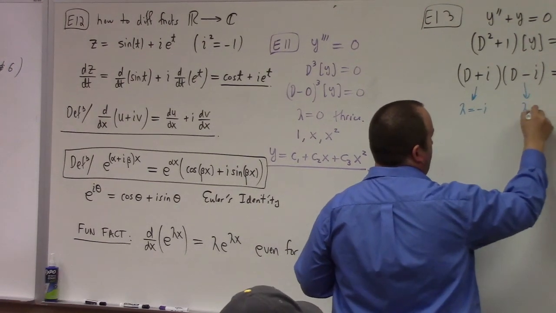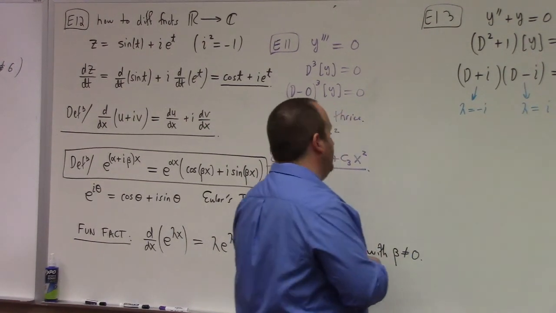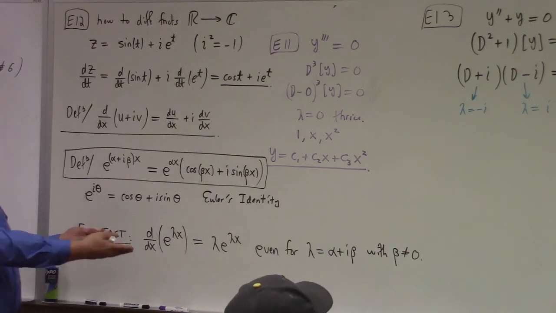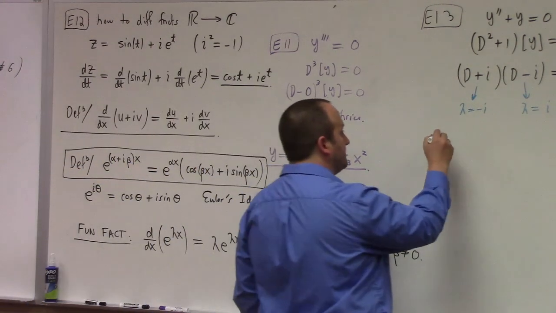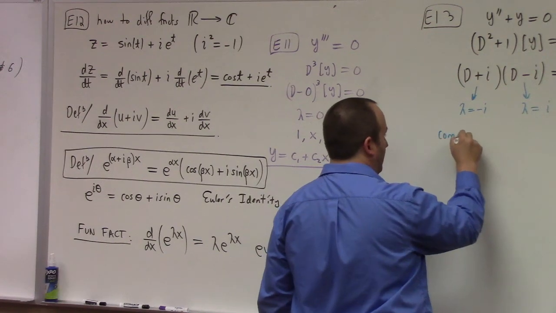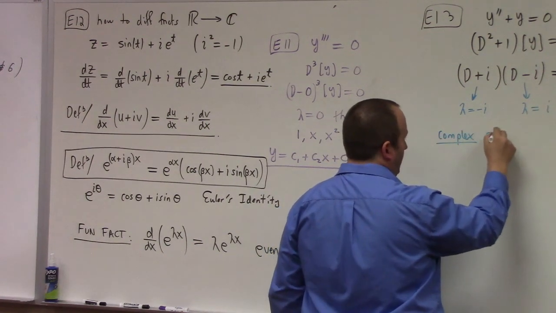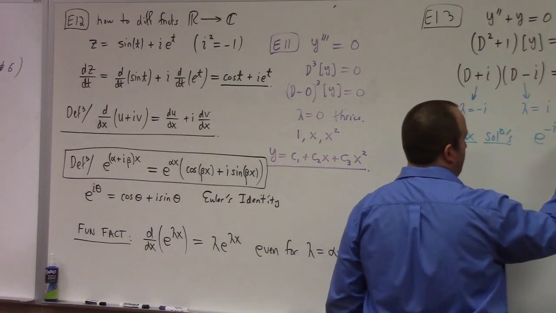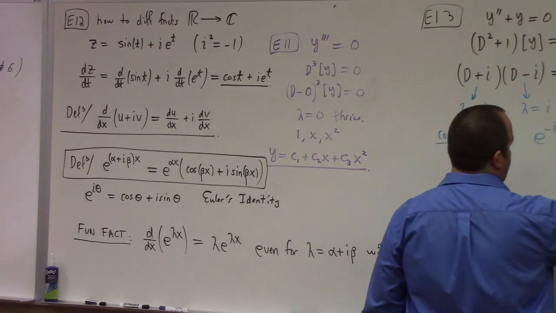This would give me lambda equals minus i, and this would give me lambda equals i. Given our fun fact, all of our lemmas still go through, and we find complex solutions: e to the minus ix and e to the ix.